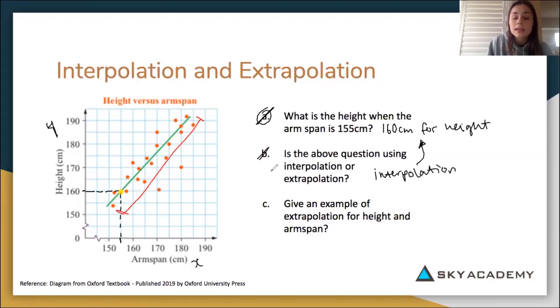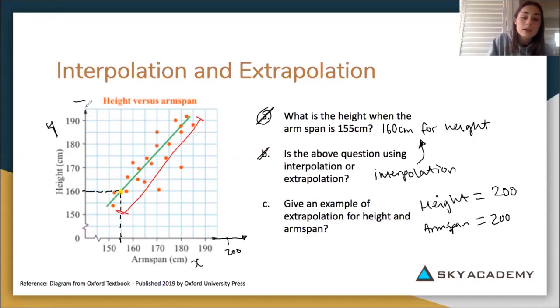And question C, give an example of extrapolation for height and arm span. An example for height could be 200, and an example for arm span could also be 200, because the value of 200, which would be about here, if this arrow continued, would be outside the data range, and if I continued 200 up here, it would also be outside of my data range.